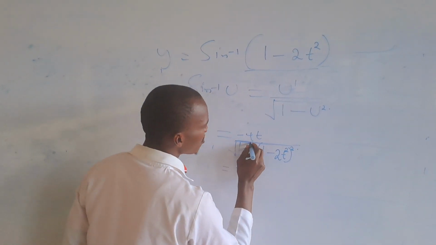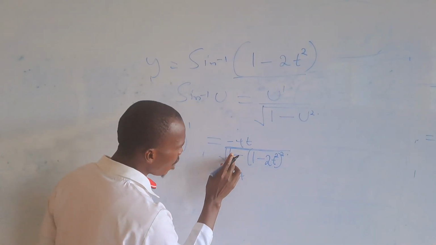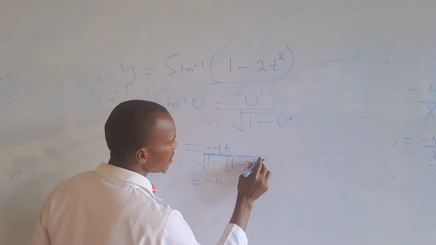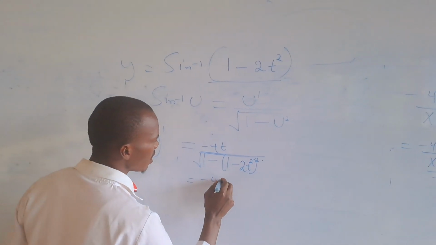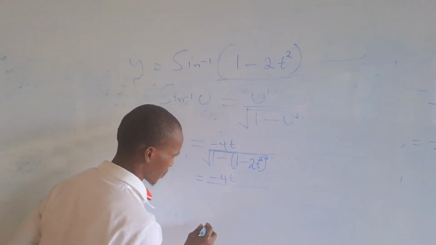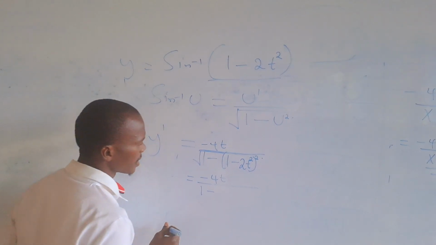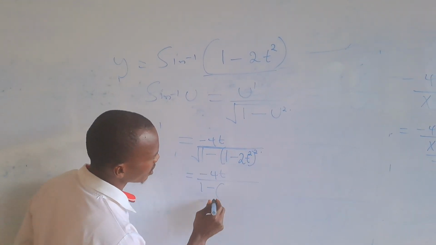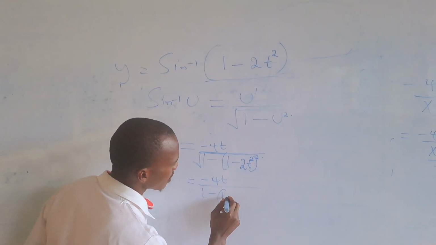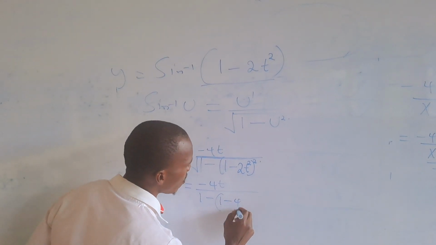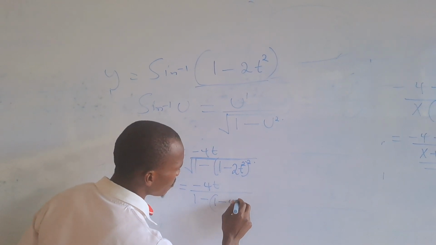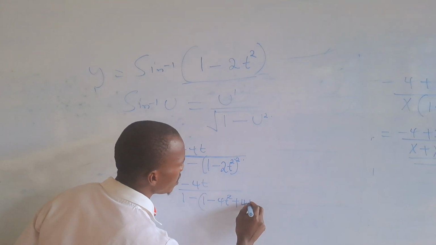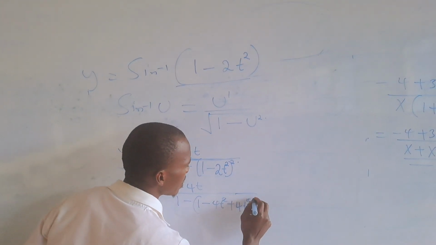So we have the square root of 1 minus (1 minus 2t squared), then squared. So with that one you get 4t over 1 minus... we open this bracket, which will give us 1 minus 4t squared plus 4t raised to the power 4, like that.